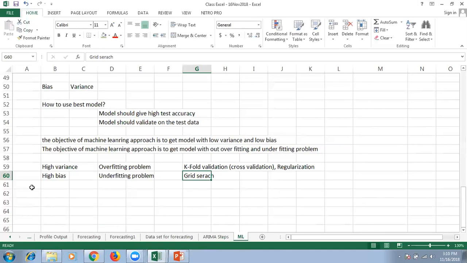To get that best model, the grid search concept will help me get a best model by tuning the parameters. And there is another concept, k-fold validation and regularization. I will explain what these mean, and those will help you handle the overfitting problem.